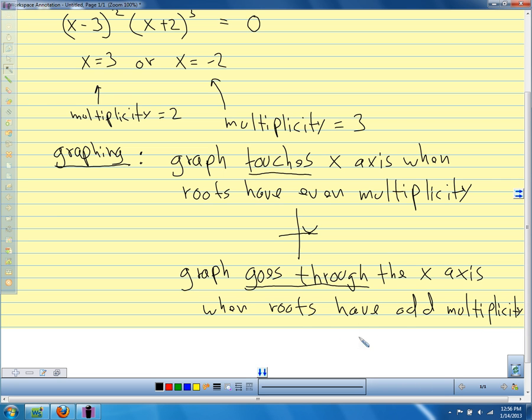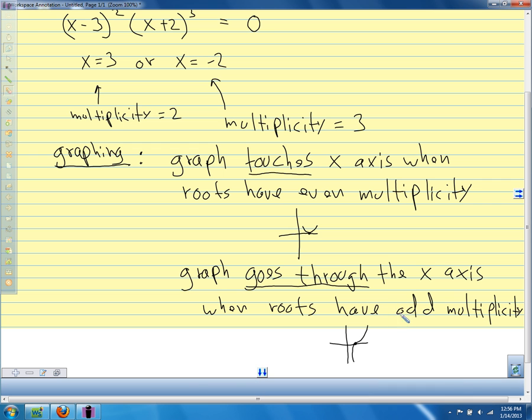At that root, our graph is going to go through the axis. Now it might come back through the axis again, but at that particular root, it crosses the x-axis. So it touches when it has an even multiplicity, and goes through when it has odd multiplicity.